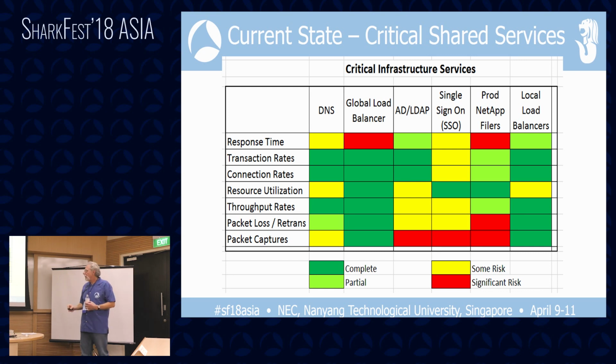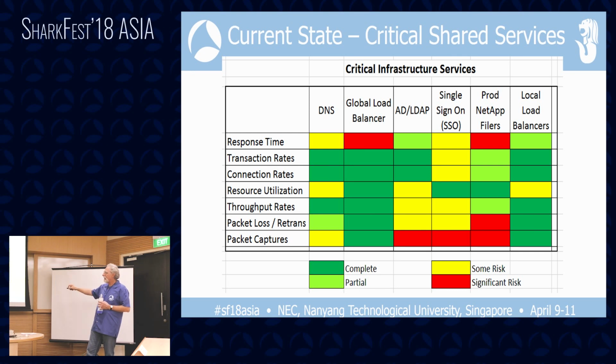So the views that we were using for an application don't really apply to shared services. You could use some key metrics like, can I measure response time for DNS? That's pretty important. Can I measure transaction rates? Connection rates? Maybe for DNS that doesn't apply since it's UDP, although there is some TCP for DNS. Can I measure resource utilization of the servers that support these services?